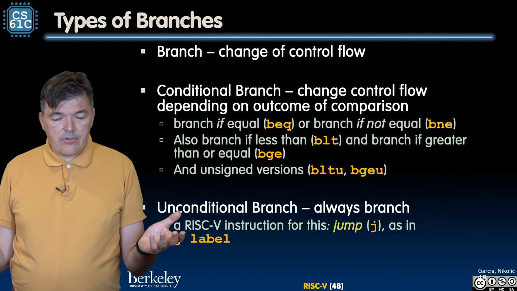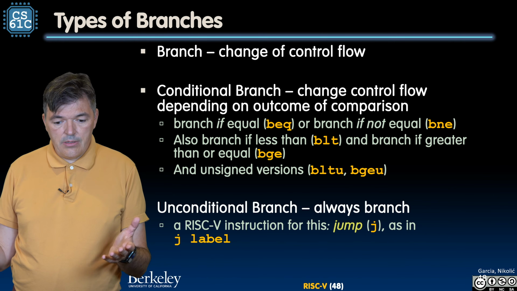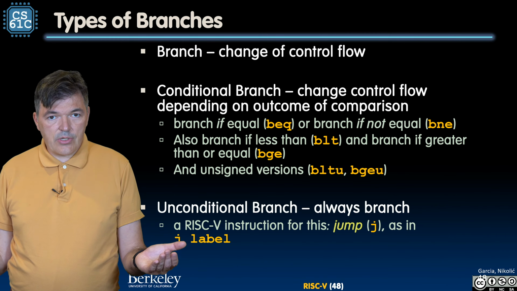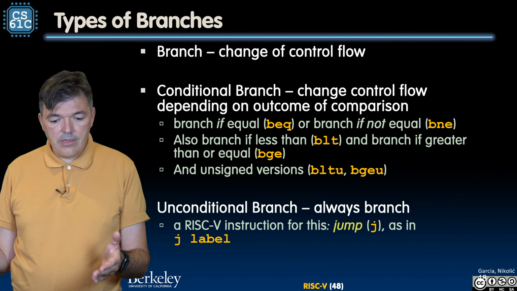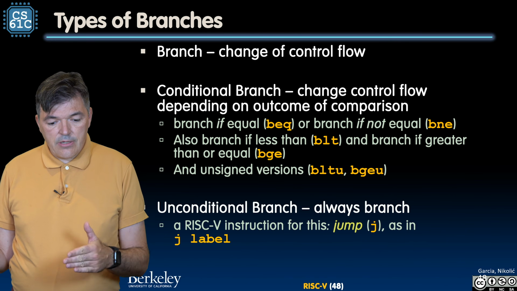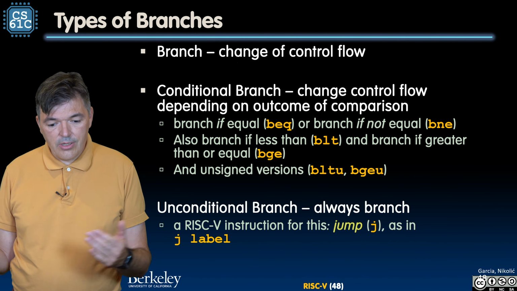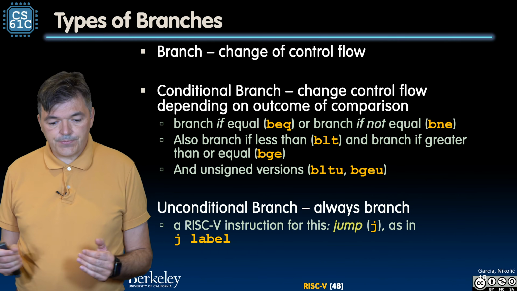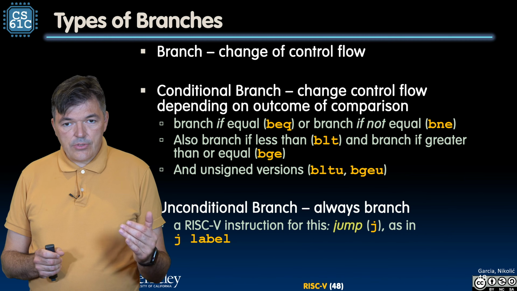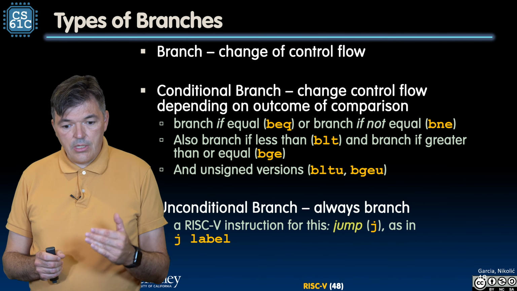Examples, which we have already seen, are branch if equal and branch if not equal, but we can also compare magnitude. So we have two instructions, branch if less than, which is BLT, and branch if greater than or equal, which is BGE. And then we have unsigned versions of those, BLTU and BGEU.